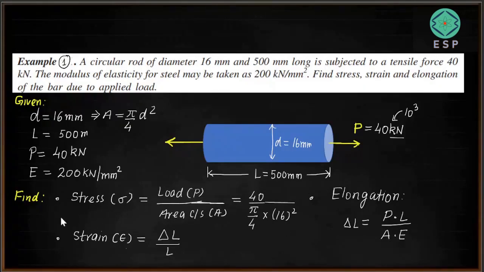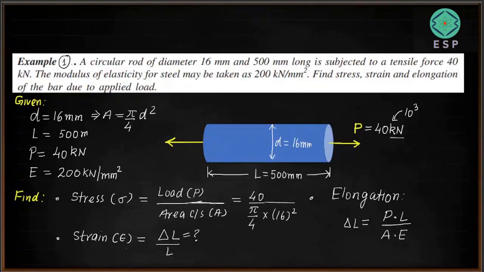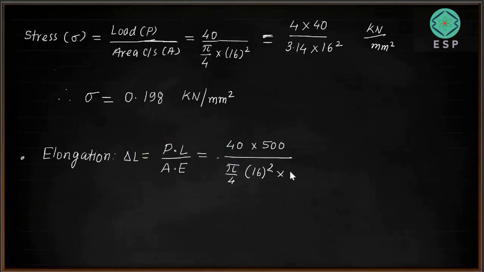Now the next value we have to find is the elongation, because to find the strain we need delta L. Delta L is not known to us, so first we'll find the elongation. P is 40 kilonewtons, so I'll put 40 only. Length is 500 mm. Area of cross section is pi by 4 into diameter 16 mm squared. And modulus of elasticity they have given as 200 kilonewton per mm square, so we write 200.